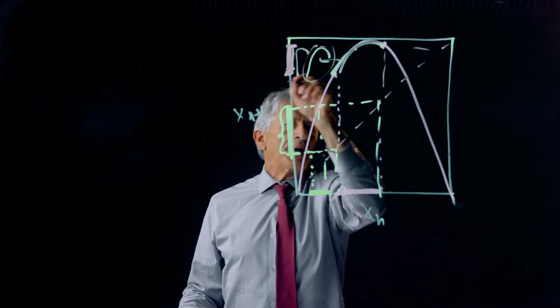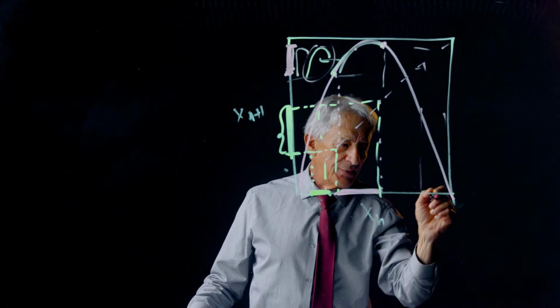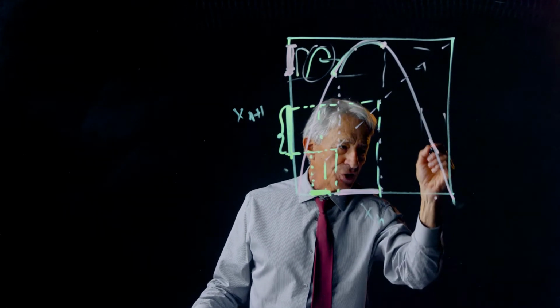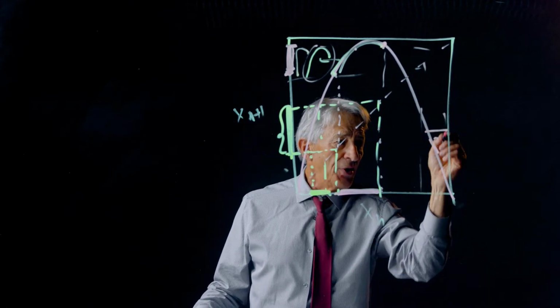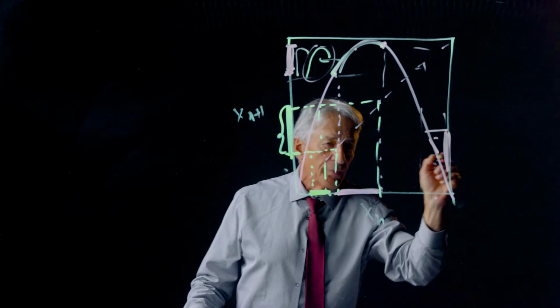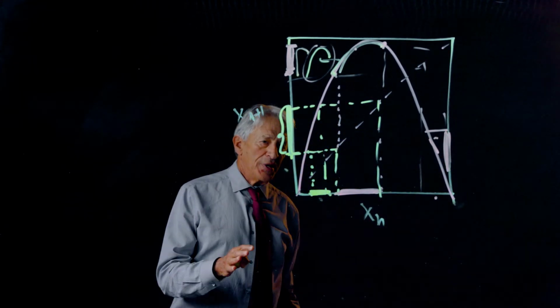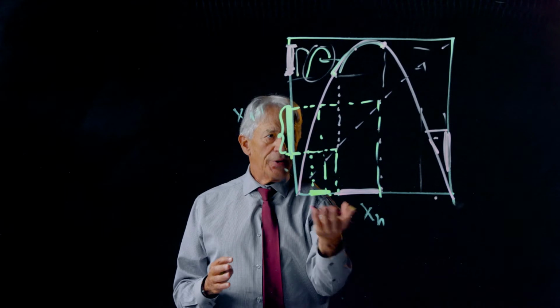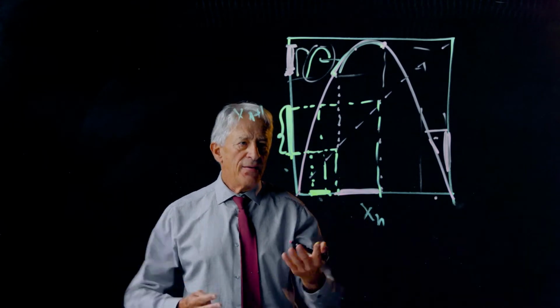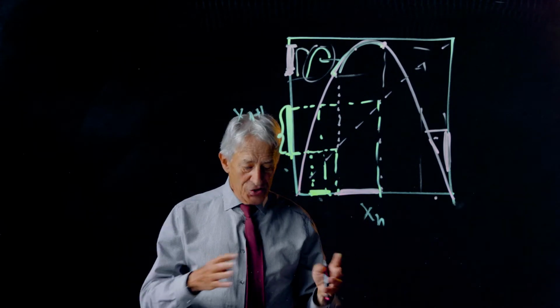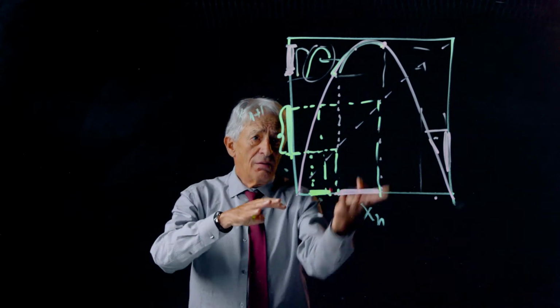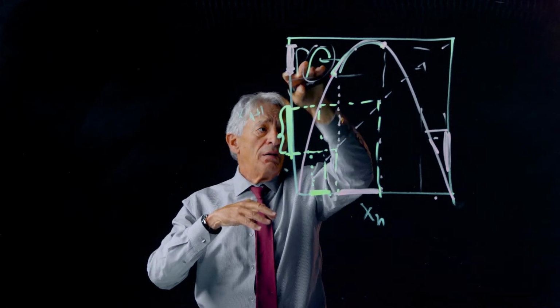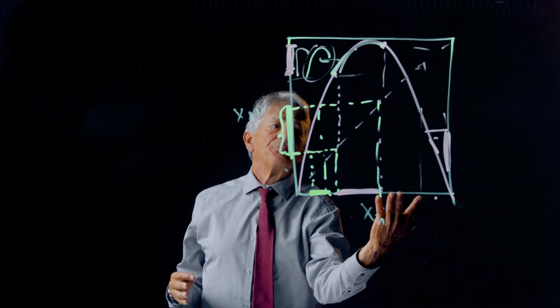And then we take that interval over here and we take it down to here and we shoot it up to the function and we get another interval. So you see that in the discrete logistic function, there is a stretching and folding and reinsertion.